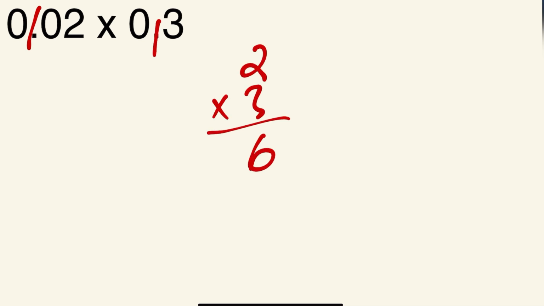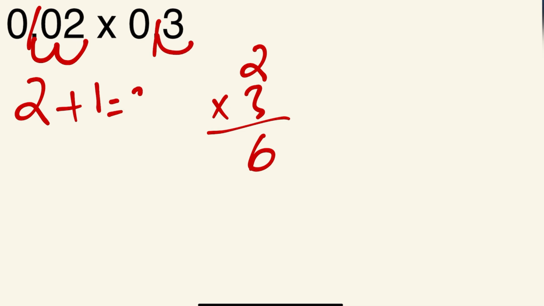We have another example here with us, which is 0.02 times 0.3. So let's multiply again. Forget about the decimal points and do 2 times 3, which equals 6. Now let's see how many places you have to move it. For here, it's going to be 1, 2, so 2 plus 1 equals 3. So let me do this in a different color so it's easier for you guys to see. 1, 2, 3. So this is where our decimal point is going to be.